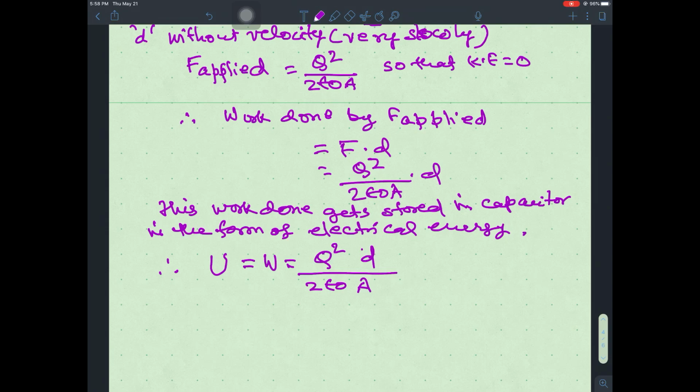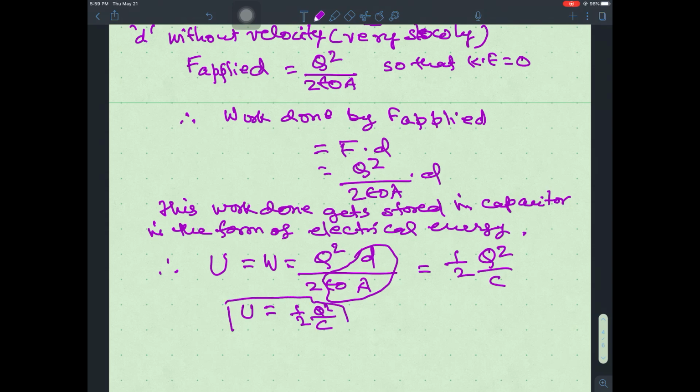Now, epsilon naught A by D represents capacitance. So U is equal to 1 by 2 Q square by C. This is the expression for the energy stored in the capacitor.